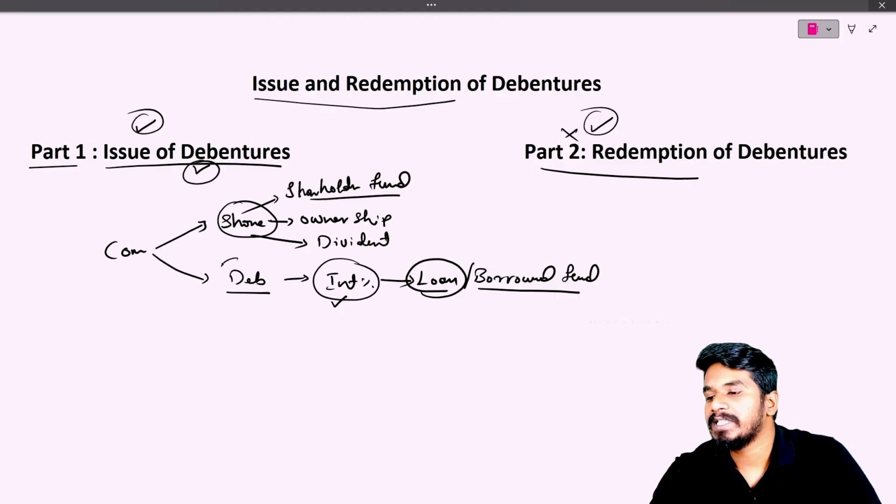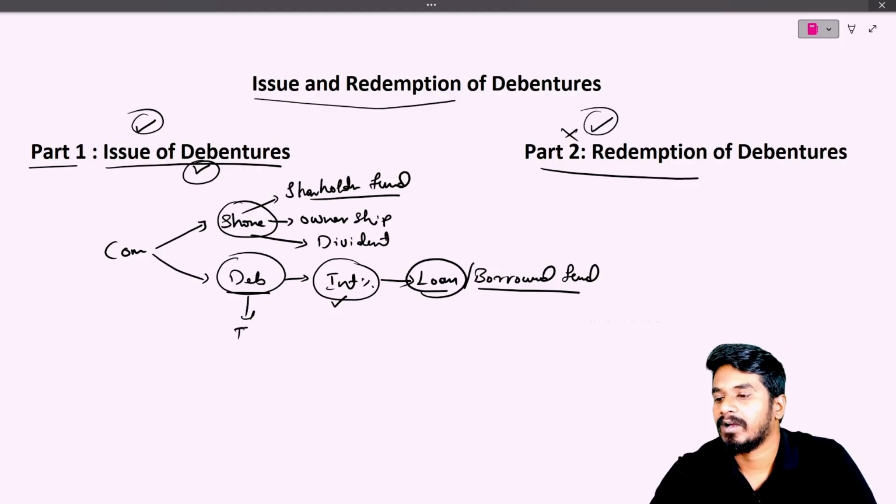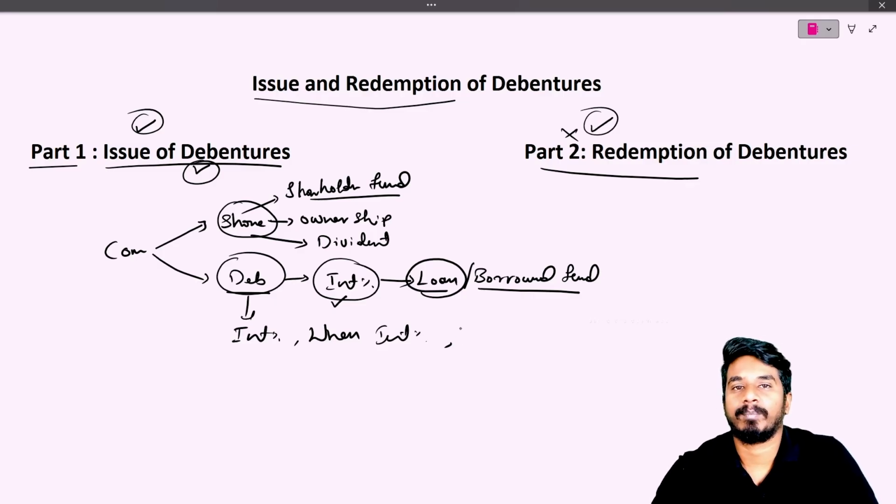Right. So a debenture is nothing but a document, a written instrument that states how much interest the company will pay, when the interest will be paid, and for how long they will have your money. These things will be listed in the debenture instrument.